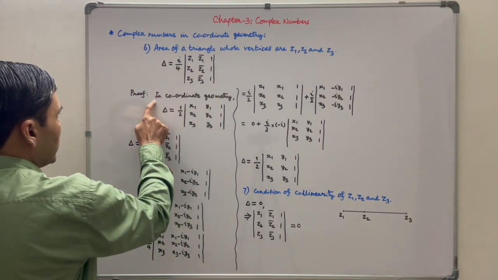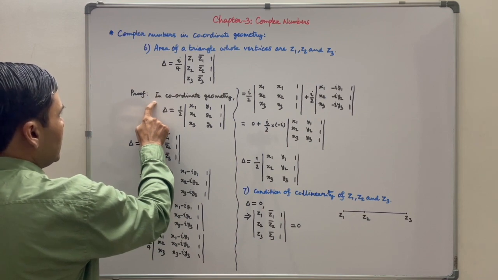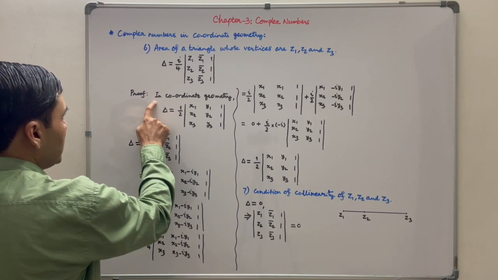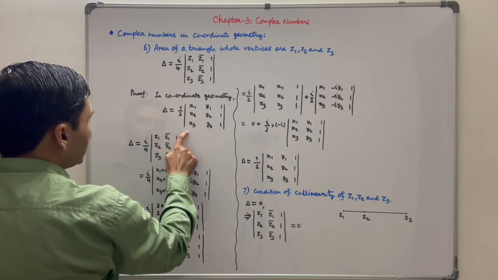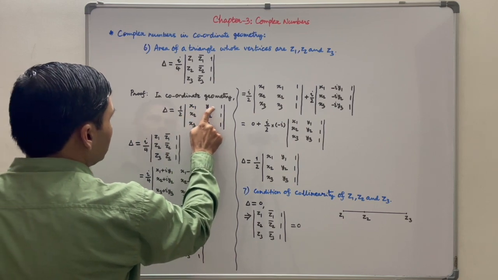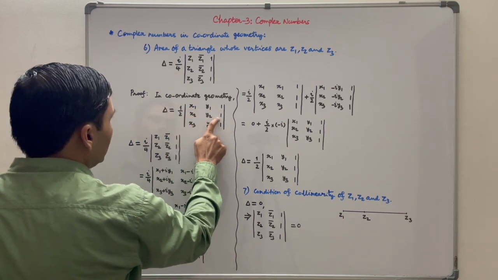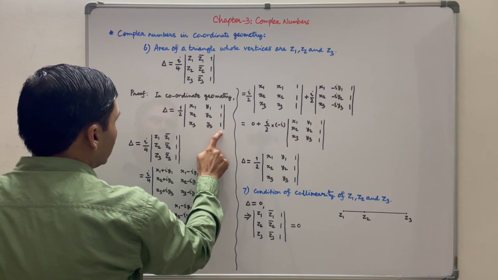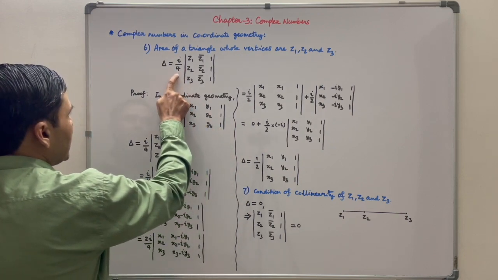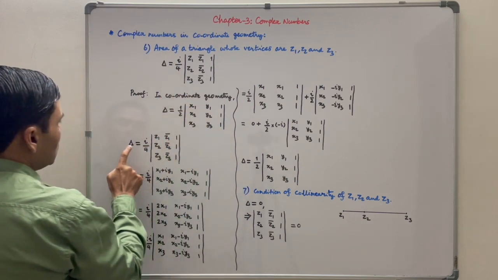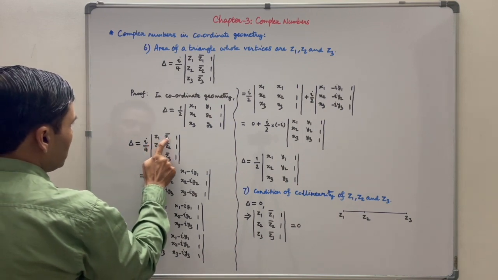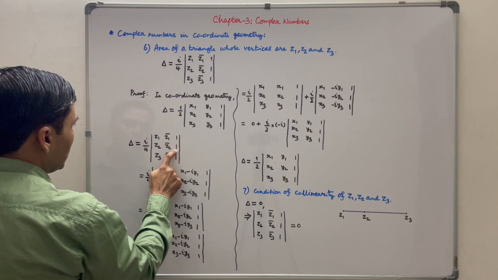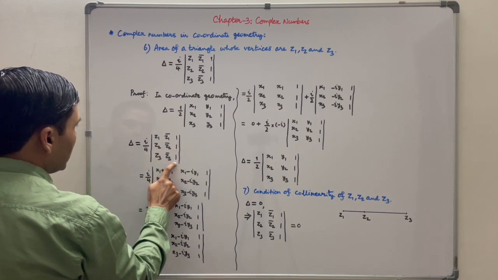We know that in coordinate geometry, area of a triangle whose vertices are (x1, y1), (x2, y2) and (x3, y3) is given by delta is equal to 1 by 2 inside determinant x1, y1, 1; x2, y2, 1; and x3, y3, 1. We will start from here and reach here. So delta is equal to i by 4 inside determinant z1, z1 bar, 1; z2, z2 bar, 1; and z3, z3 bar, 1.